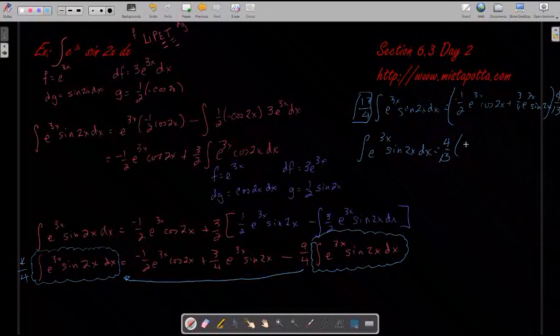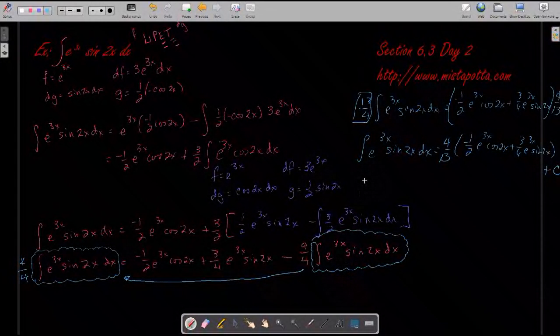So 4/13 of this: negative 1/2 e to the 3x cosine 2x plus 3/4 e to the 3x sine 2x, plus a constant.